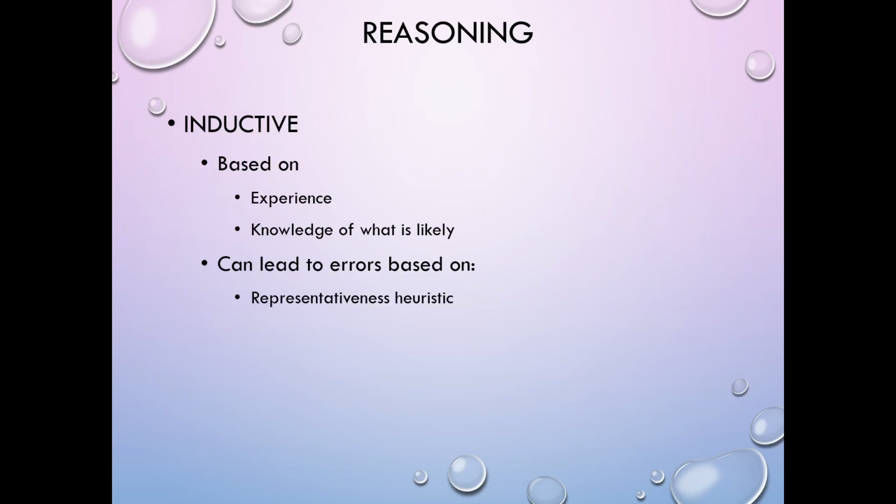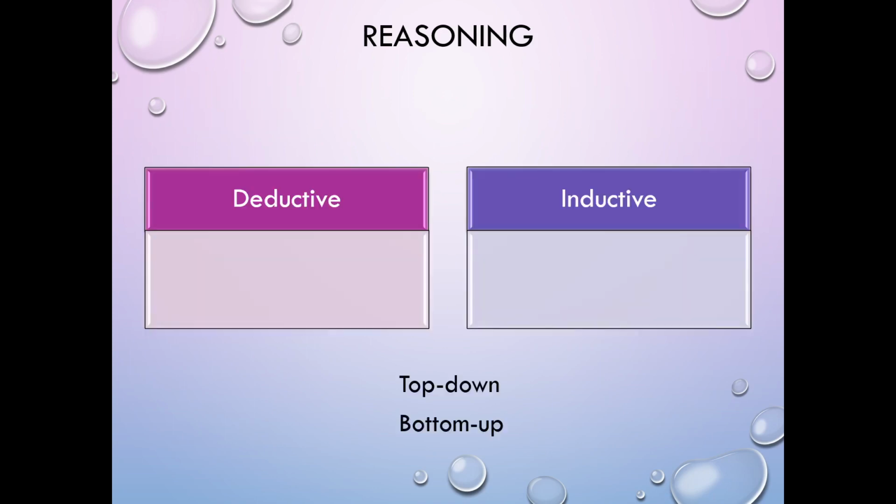So we may display the representativeness heuristic, and then also the availability heuristic will come into play, where we say, well, if I thought of it really easily, it must be because it's really common. And so we make an incorrect guess about the likelihood of something. So we're not perfect, but we are vastly superior to even the computing machines that are available.